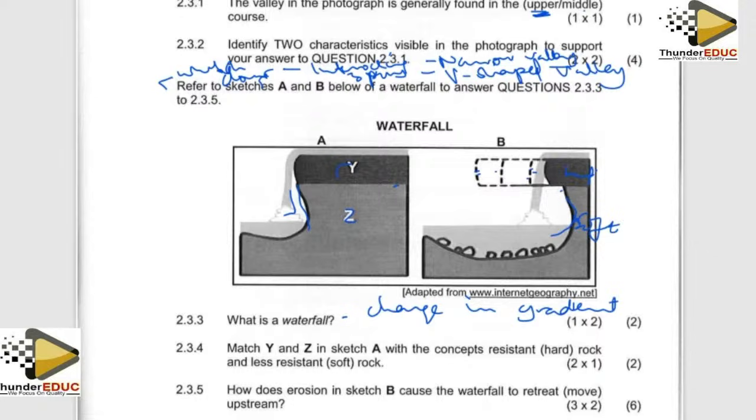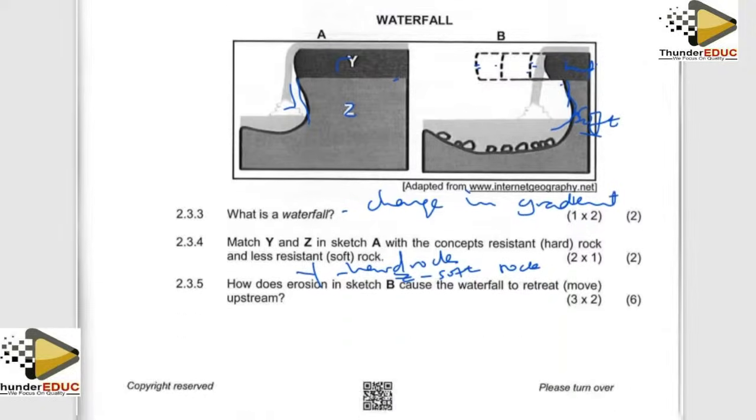This one is declining faster, so it is softer. This one is declining at less speed, so it is hard. Therefore, Y is a hard rock, which is resistant, and Z is a soft rock, which is less resistant.